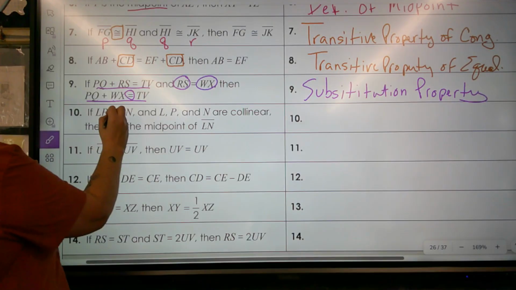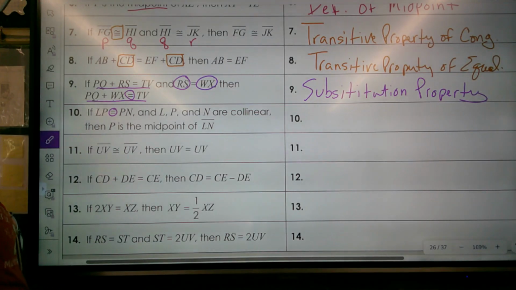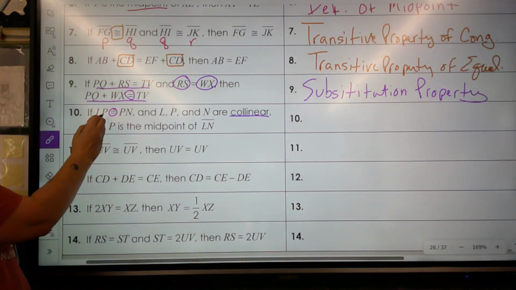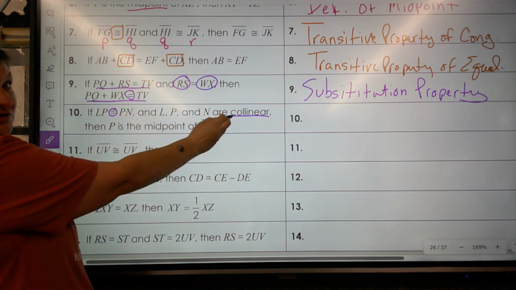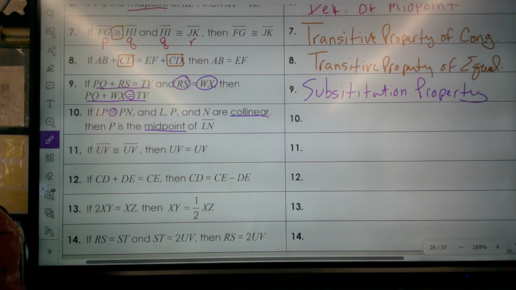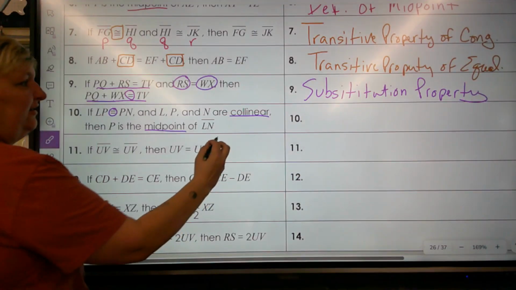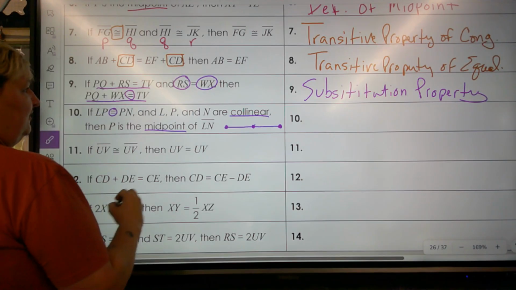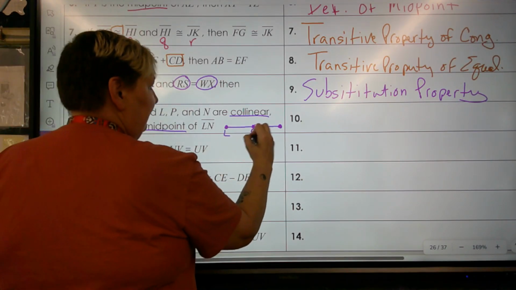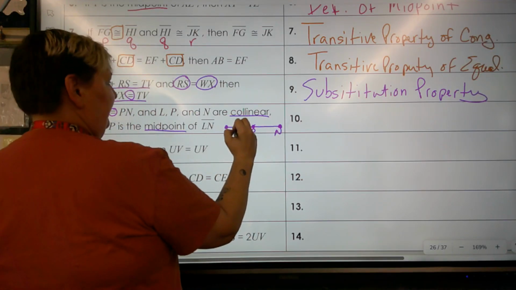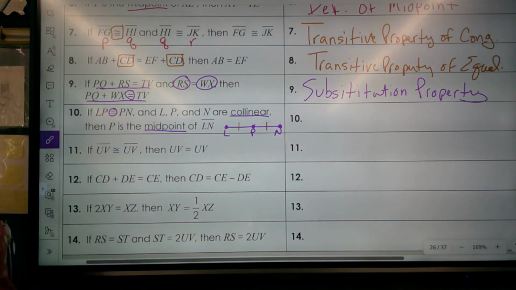If LP equals PN, and L, P, N are collinear, this means we can use properties of equality. This means they're all on the same line. Then P is the midpoint of LN. It's telling you that there is a line segment, LPN, and that P is the midpoint, which means this is equal to this.